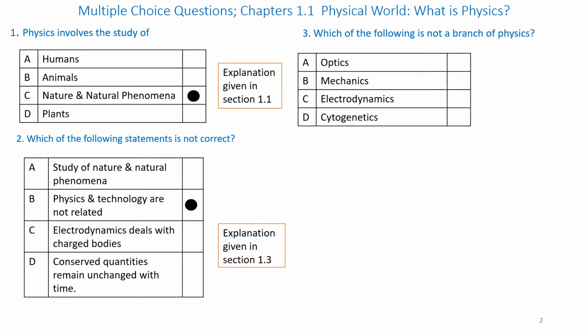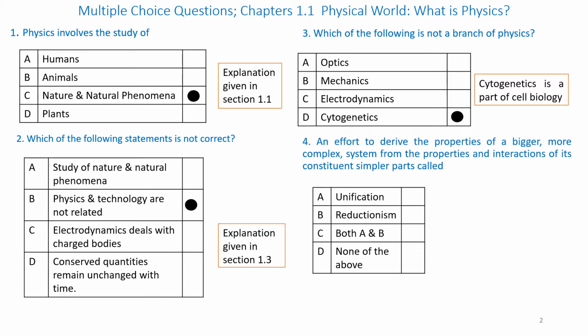So optics is a branch of physics, mechanics is a branch of physics, electrodynamics is a branch of physics. But cytogenetics is not a branch of physics because genetics is a part of cell biology. Hence, the branch which does not belong to physics is D.